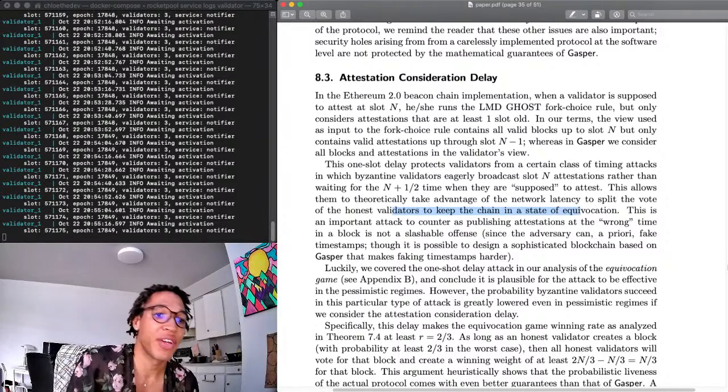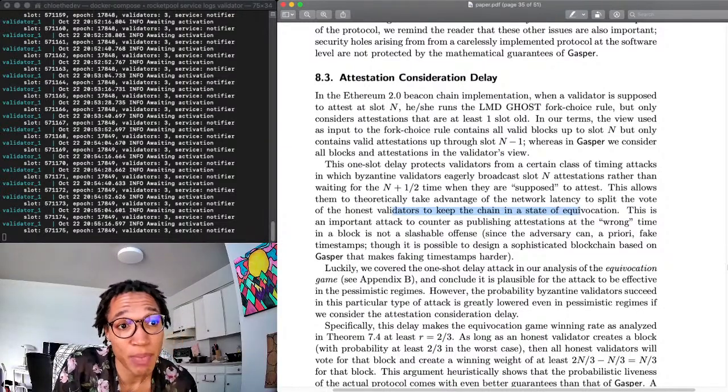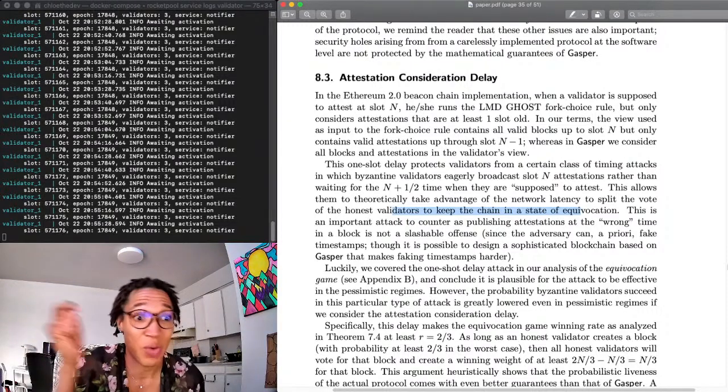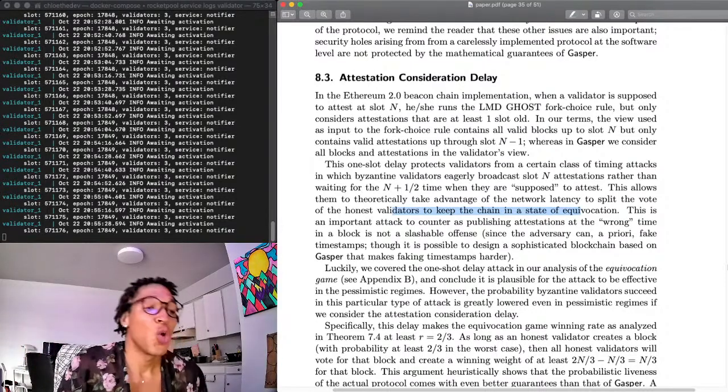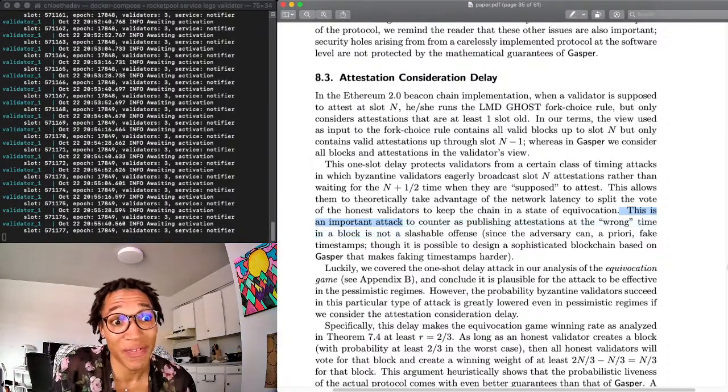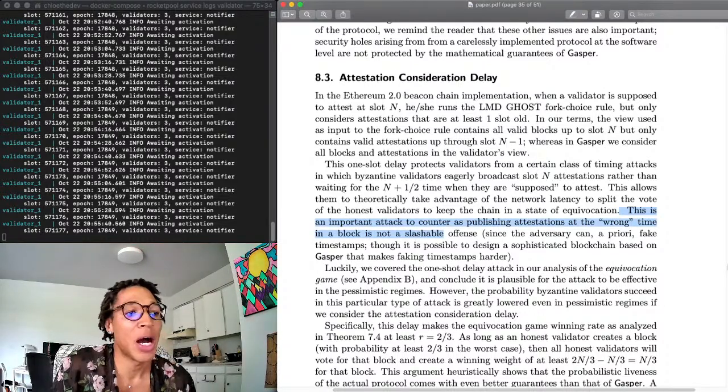So basically, they're going to attest to a block or a slot early, which would allow other validators who are just voting on whatever comes up first to vote on that, which would cause some sort of issue. This is an important attack to counter, as publishing attestations at the wrong time in a block is not a slashable offense. So a malicious actor or malicious validator could do this and not be slashed.